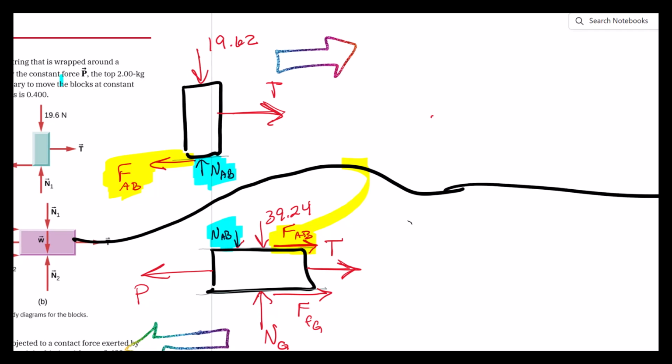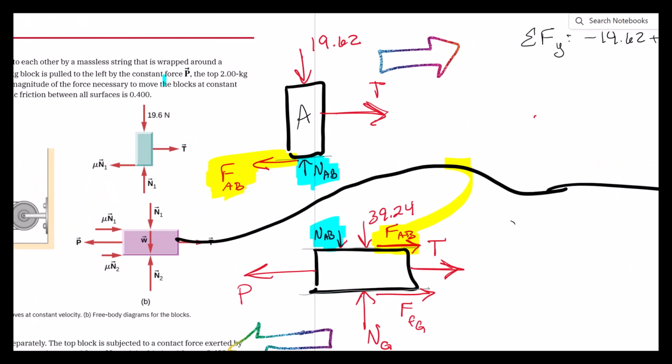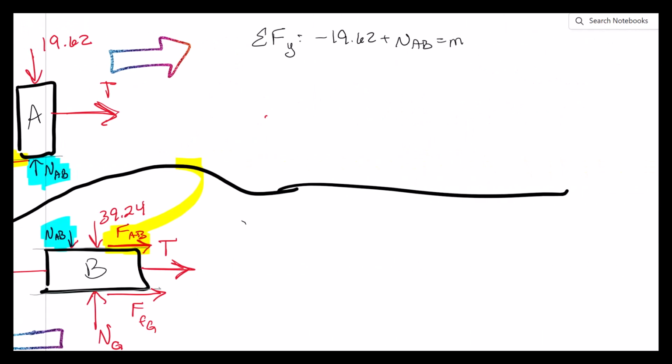So I'm going to do the sum of the forces in the y first. I know that block A is not flying off into the sun, so negative 19.62 plus NAB is equal to the mass of A times the acceleration in the y direction of A, which I know to be 0.